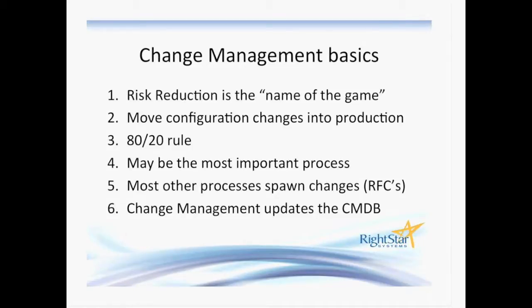Those are things that we record in a database called a CMDB, or Configuration Management Database. And if you're running your processes through a tool like FootPrints, then you can have change management make the update to the CMDB item, in this case the CI, the configuration item, when something's actually moved into production.